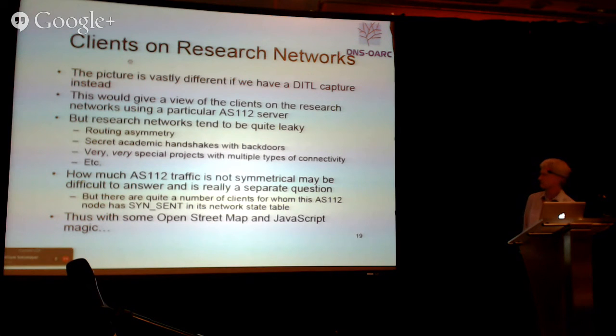But that's neither here nor there. I wanted to know how many clients are actually using one AS112 node in one part of a research network. I thought, probably the best reach is in the United States with Internet2, and that's about it. Next slide.